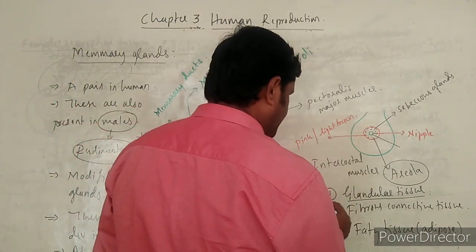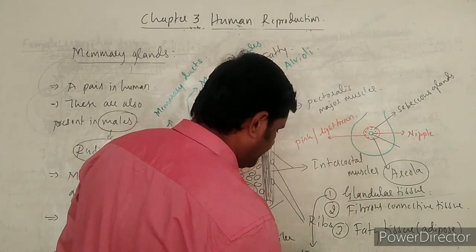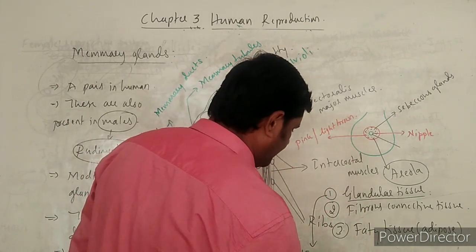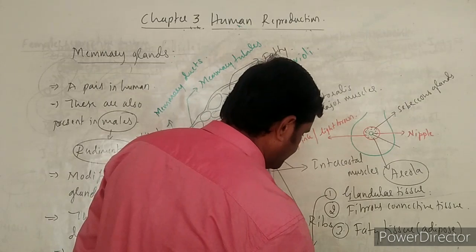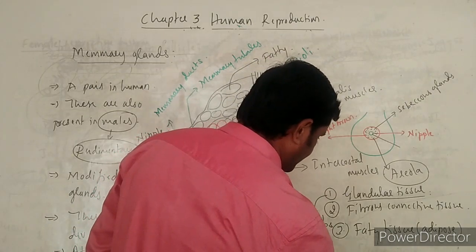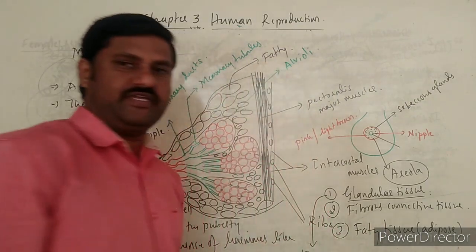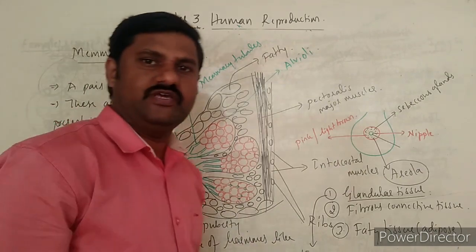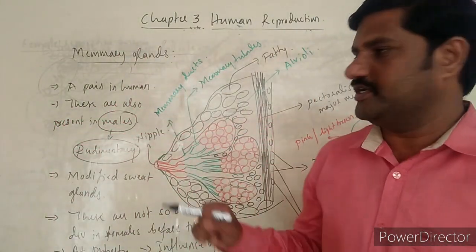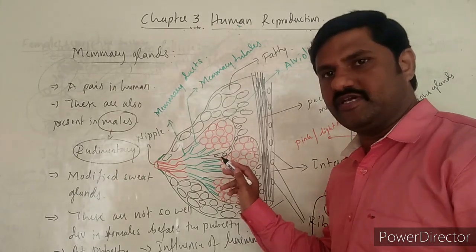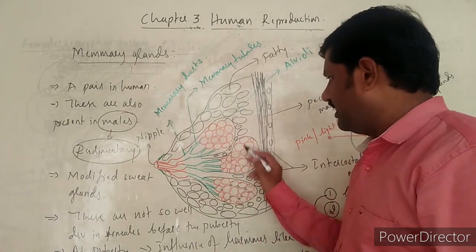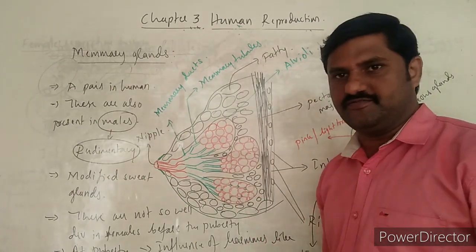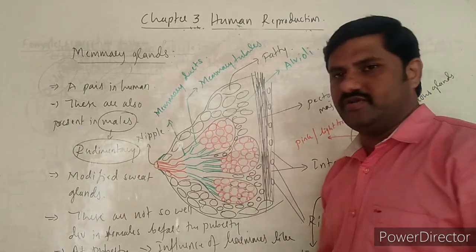This point is very important to be noted over here. So these are mammary lobes itself, right? I have shown only 3 over here.